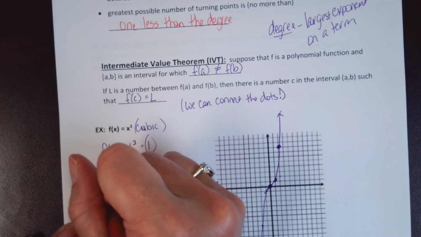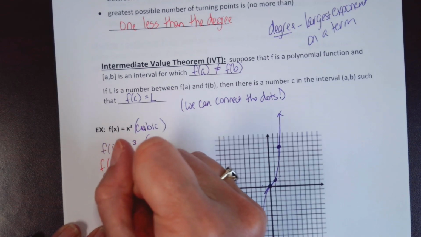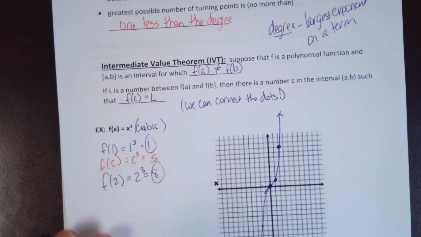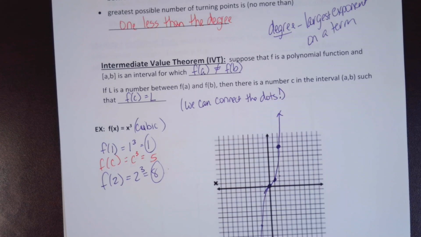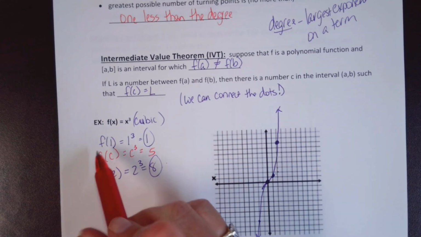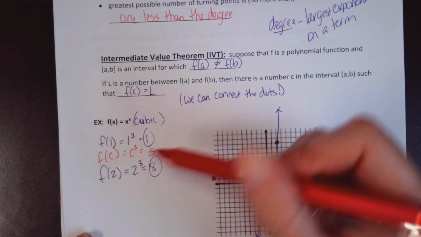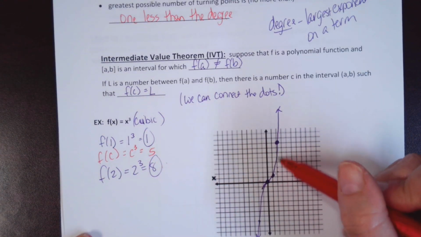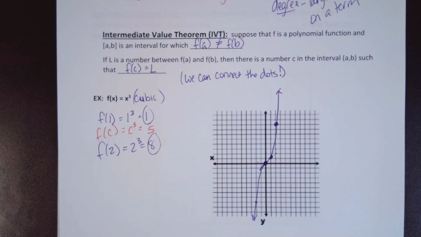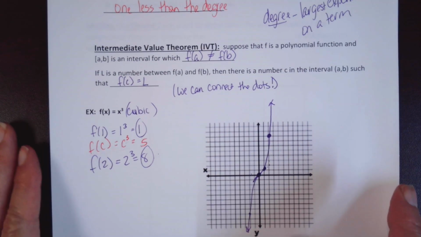That means there's a number between 1 and 2 that I can plug in, and it's going to give me that 5 when I cube it. So it allows me to surmise that I can connect from here to there. That's what the intermediate value theorem tells me.